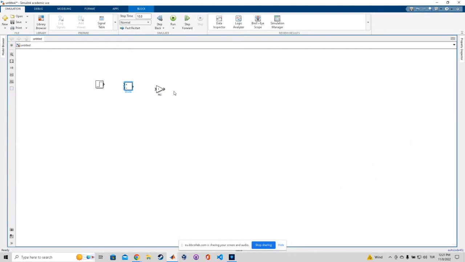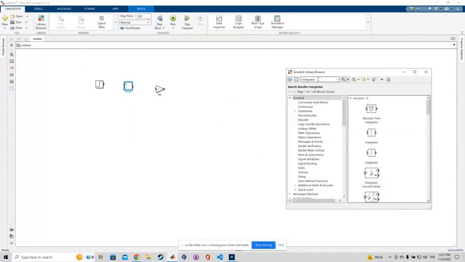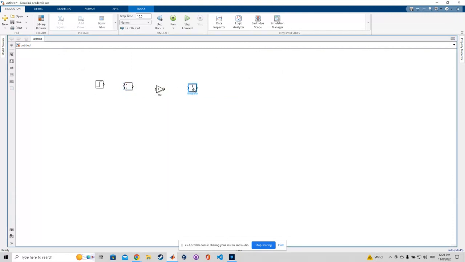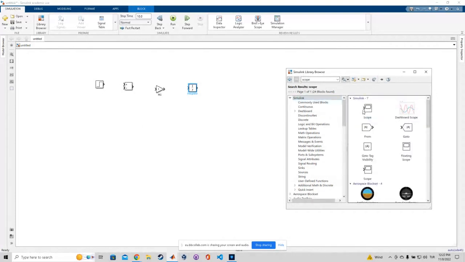And then we're gonna need our integrator, and then a scope for the output to observe the output.